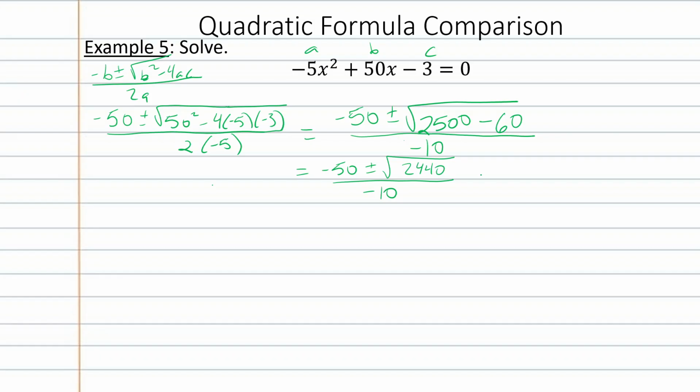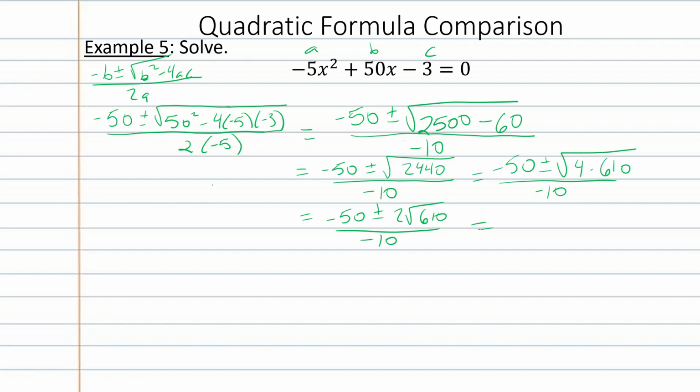So I think we could probably break it down like this, say like 4 times 610 maybe, all over that negative 10. What that would give us is negative 50 plus or minus 2 square root 610 all over negative 10.